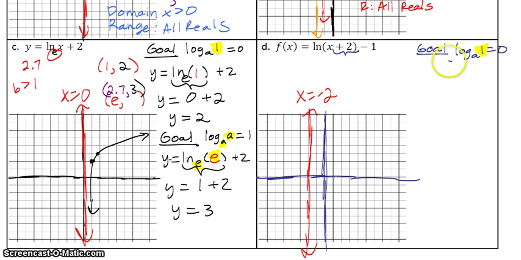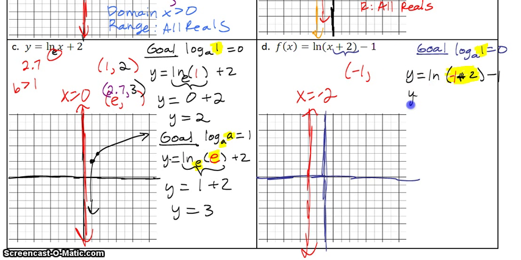So here's my formula this time. I want to put something in there so that this parentheses is equal to 1. Well, to get it equal to 1, I need a -1. -1 plus 2 is 1. So x is -1 for my first point.